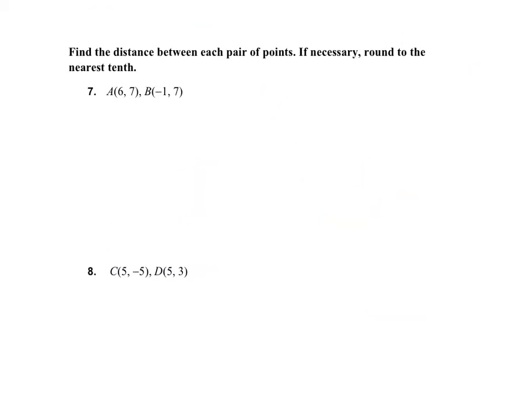Okay, so now I want to find the distance between those two points. Again, my distance formula: the distance equals the square root of the square of the difference of x plus the square of the difference of y. So name them x1, y1, x2, y2. It's very important that we're working with x, y, x, y.